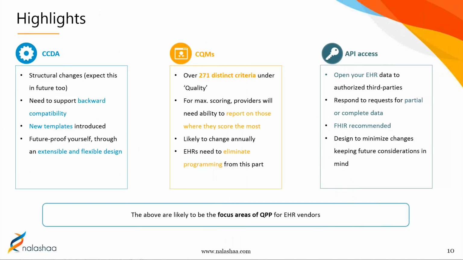Besides this, the major part of CQMs was implementing those measure logics and the QRDA category 1 and category 3 files. So we have the updated implementation guide for QRDA category 1, which is release 3. As I'm telling you, these are going to change annually, so we again recommend, similar to CCDA, to implement a scalable design.